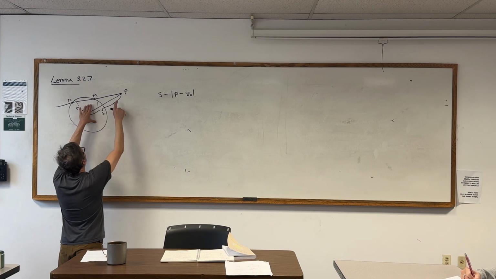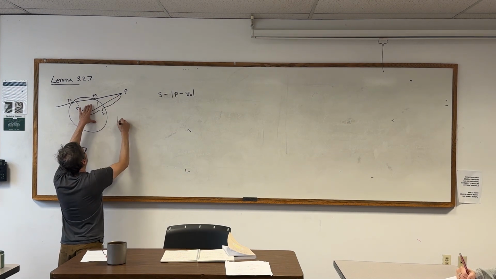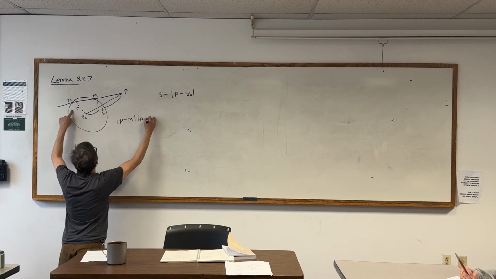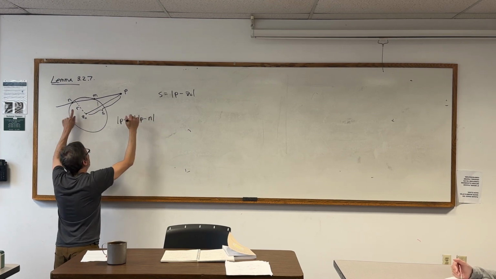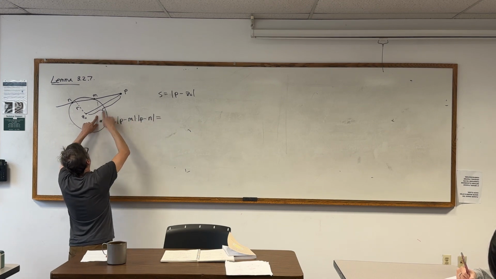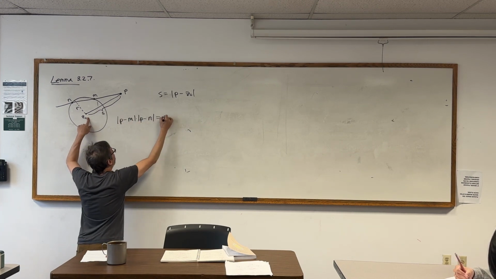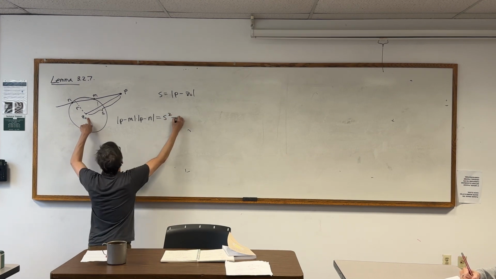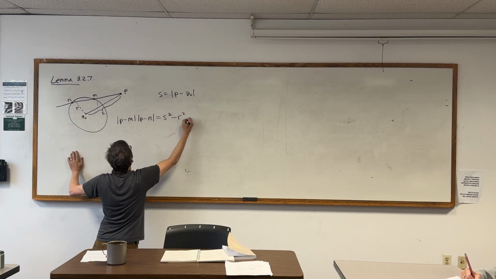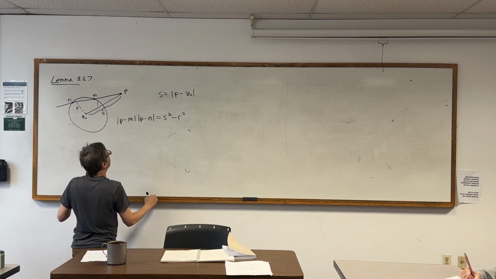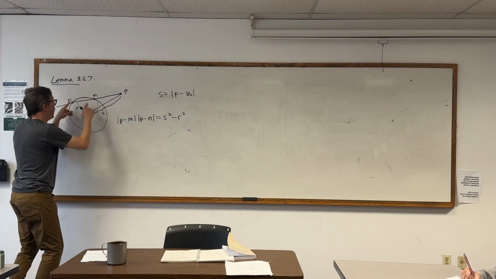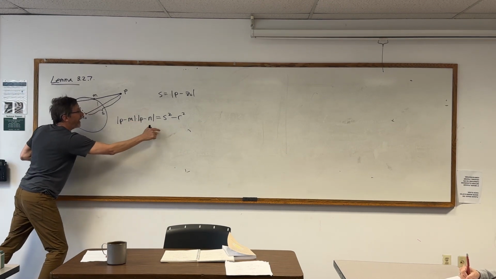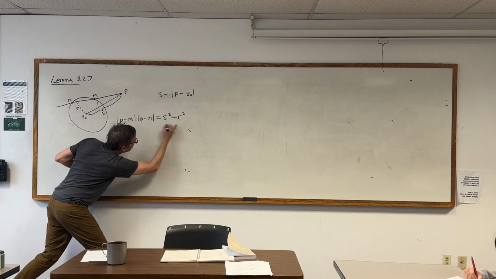But what the result says is that if I take P minus M times P minus N, that is equal to the distance from the center to P squared, so S squared, minus the radius squared of the circle. So no matter where M and N are, this quantity remains constant. Notice this is independent of M and N.